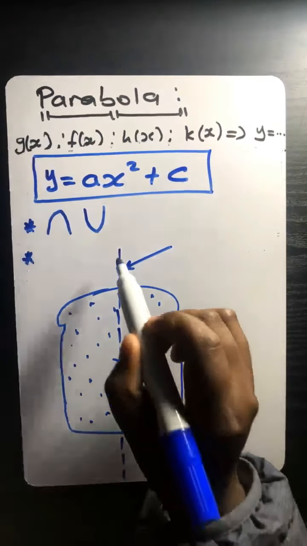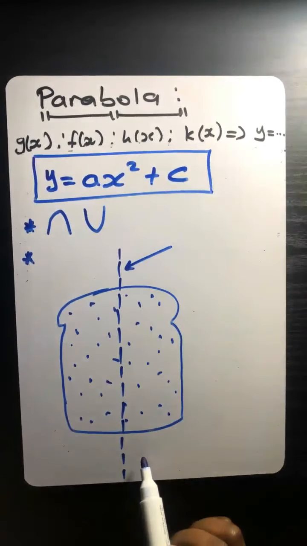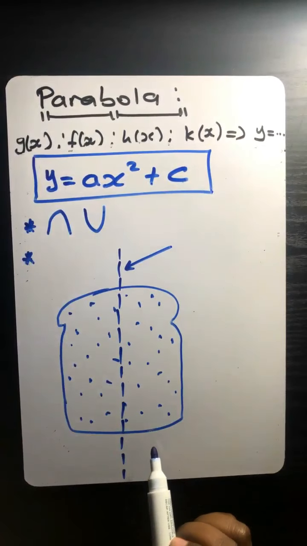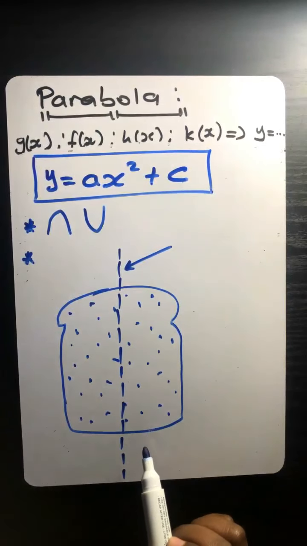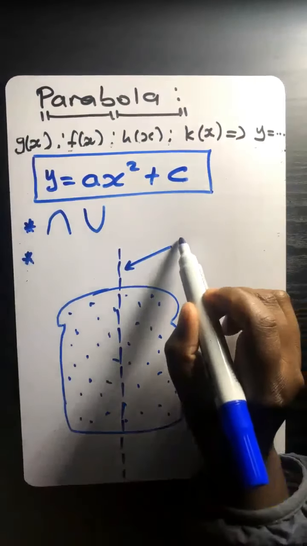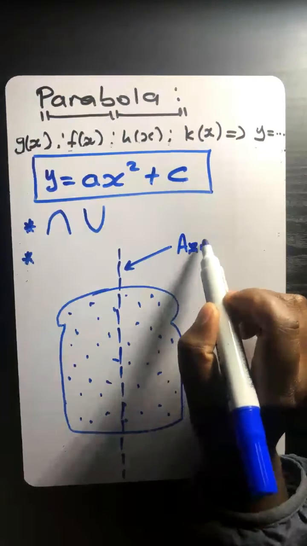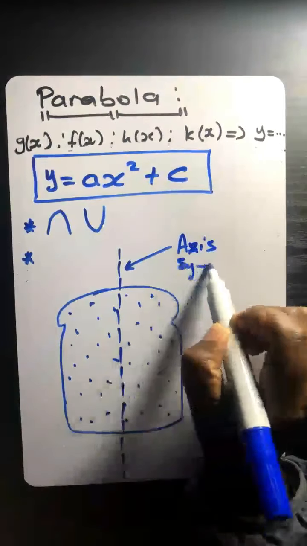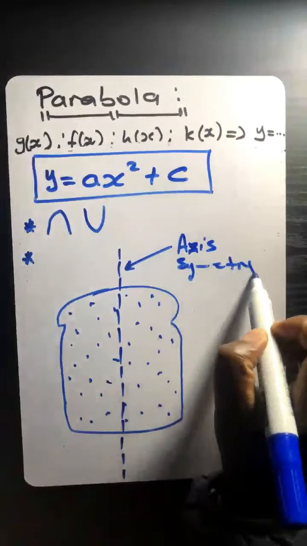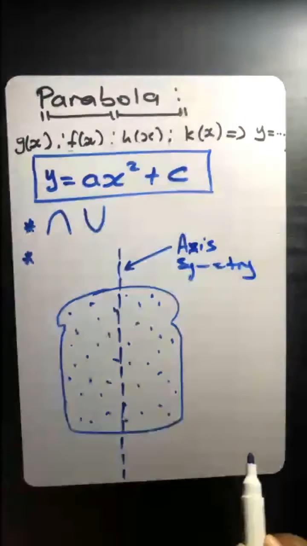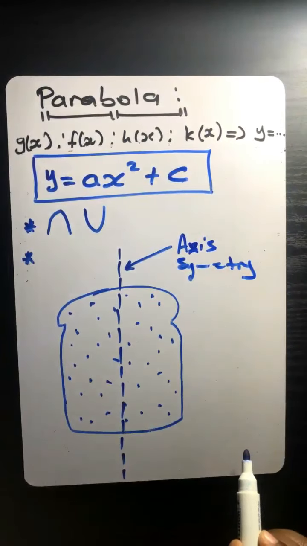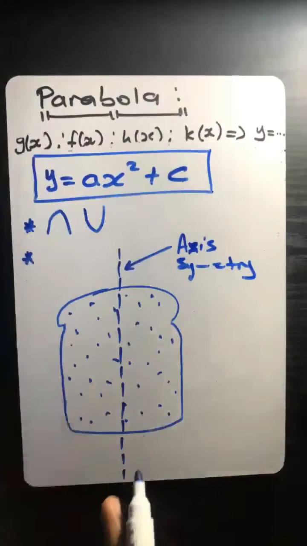So this line is what they call axis of symmetry, but at home we used to call it malamulela. So malamulela, guys, is axis of symmetry. I'm sure you will never forget that axis of symmetry cuts whatever into half.